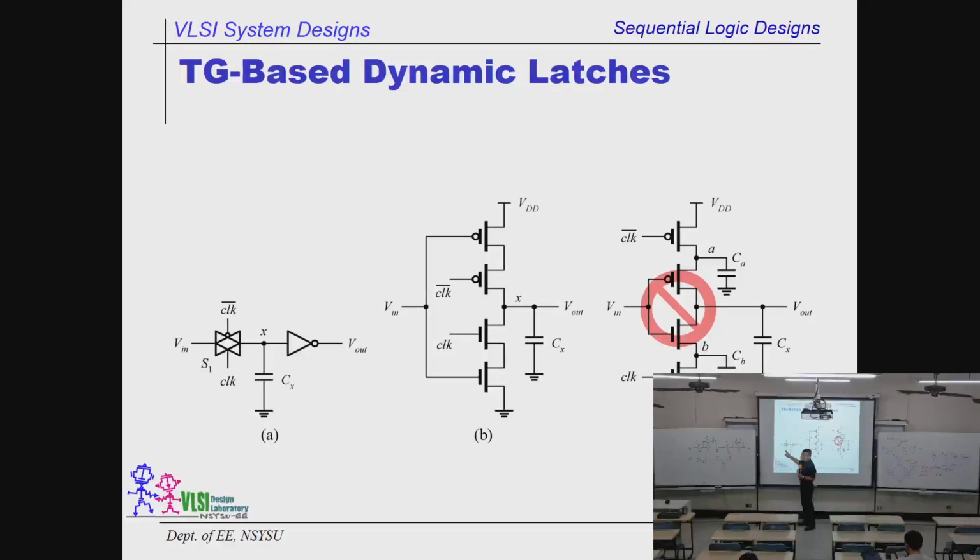Then when the clock is on, Vin will be coupled to X, and it is inverted immediately to become VL. Anything with a clock-controlled switch to carry out a memory-like function is called the TG-based dynamic latch.